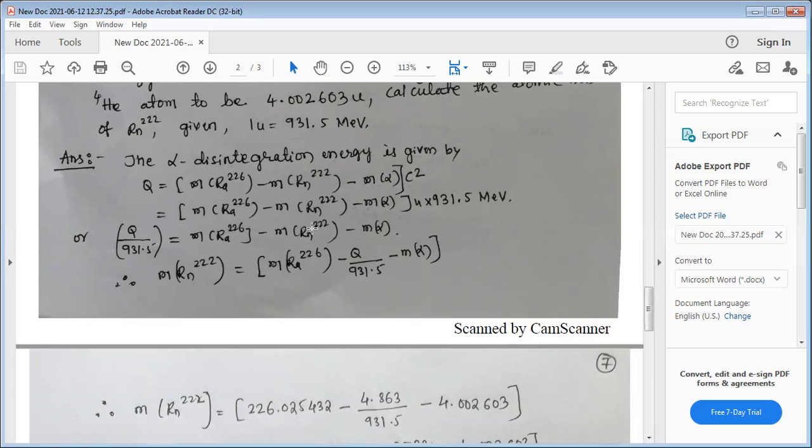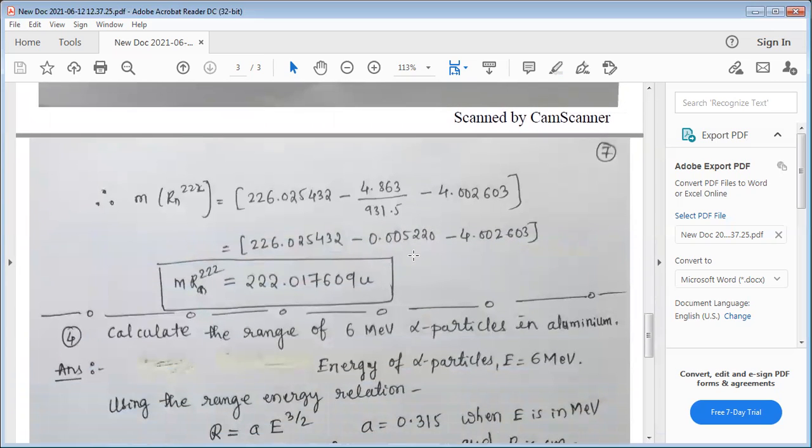Actually we want this quantity, so all the others are taken to the LHS and this quantity to the RHS. So the equation becomes mass of radon 222 is equal to this mass minus this quantity and minus the mass of the alpha particle.